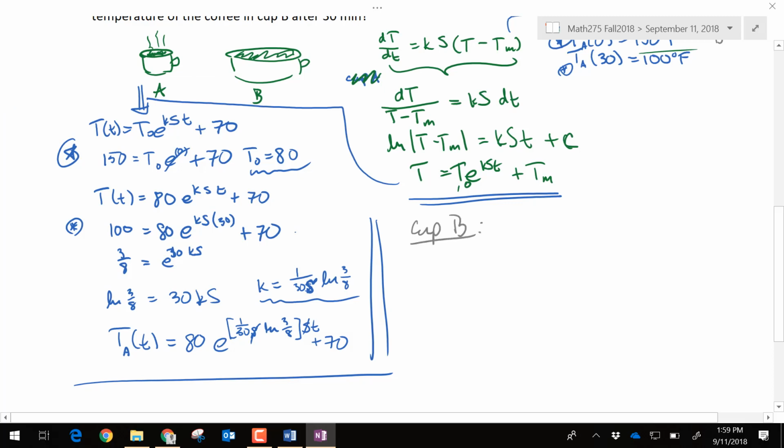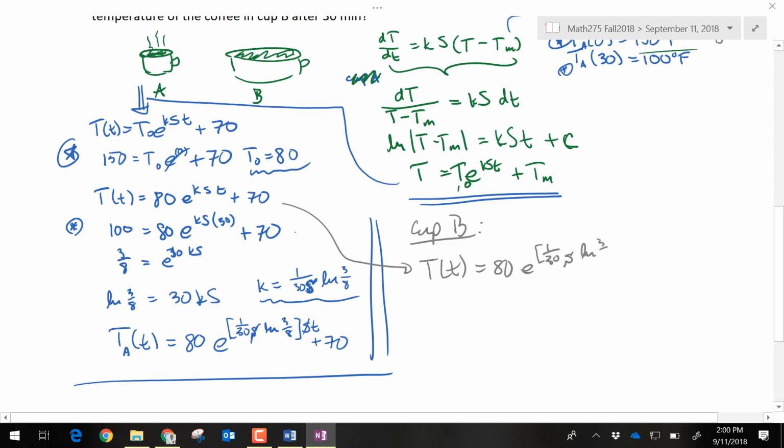For cup B, we'll essentially have the same thing. So 80 e to the k, that's 1 over 30. And I'll keep the S here because your cup B is going to have twice the surface area.